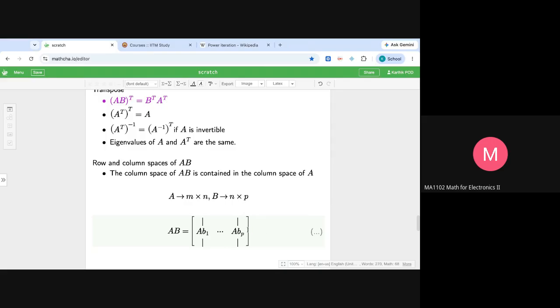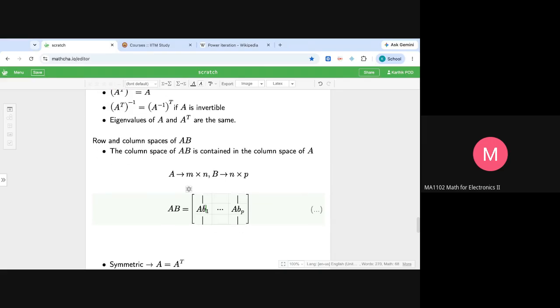This is one way of multiplying matrices. So A into the first column of B will be the first column of AB itself. Therefore, the column space of AB is just a span of these columns, so that is contained in the column space of A.